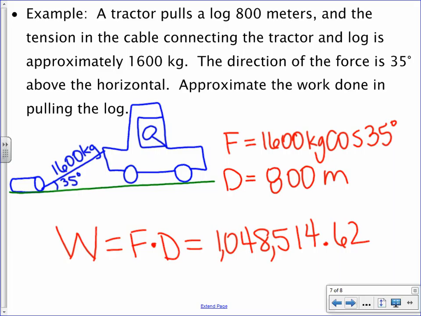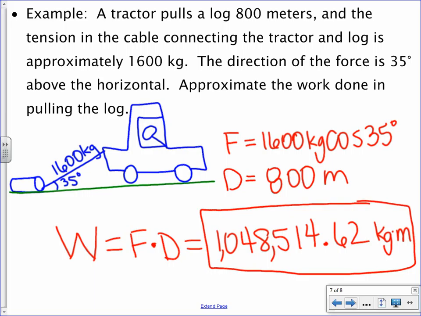Now, let's talk about our labels, okay? Not everything is joules. It's only joules if it's Newton times meters, correct? So what did we do? We took a force of kilograms and multiplied it by a displacement of meters. So our label is kilograms times meters. I know it's strange, but that's what it is.